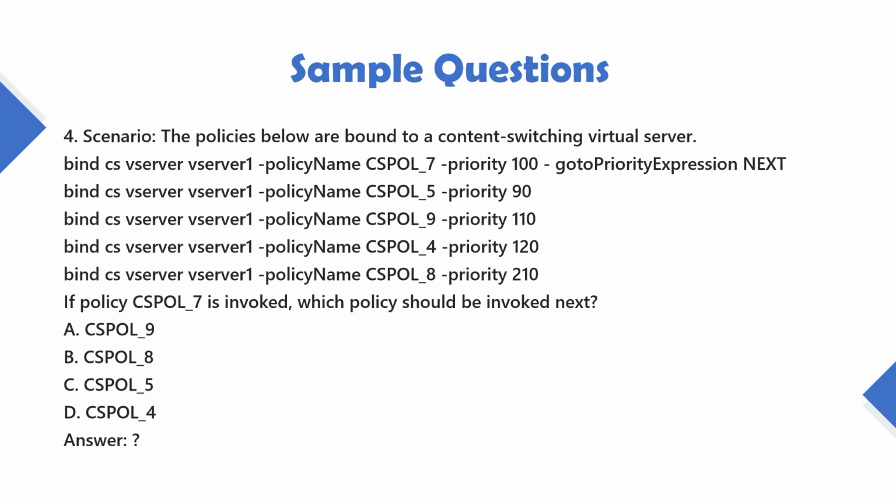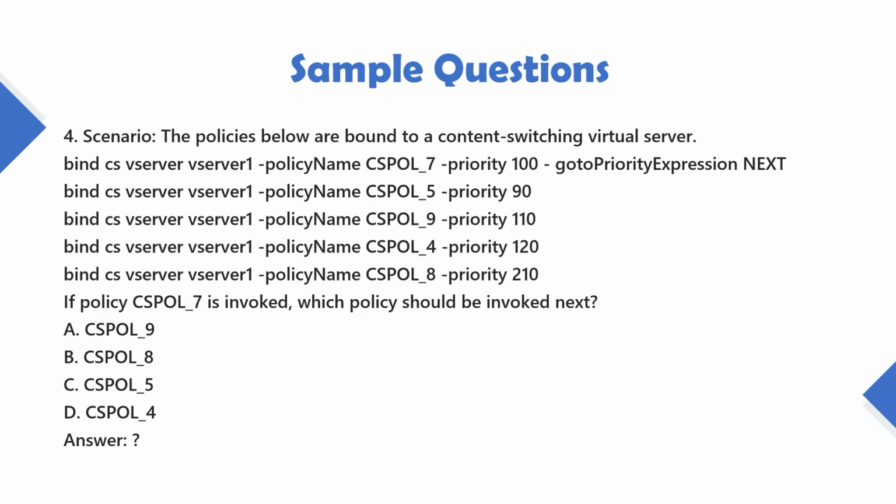4. Scenario. The policies below are bound to a content switching virtual server. Bind CSV server vserver1 policy name CSPOL_7 priority 100 go to priority expression next. Bind CSV server vserver1 policy name CSPOL_5 priority 90.